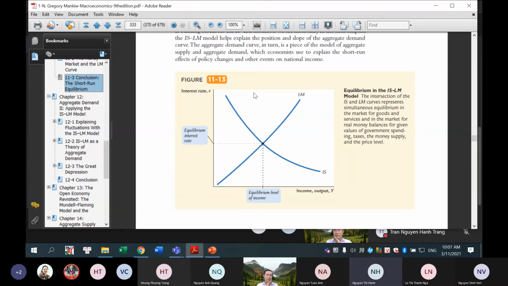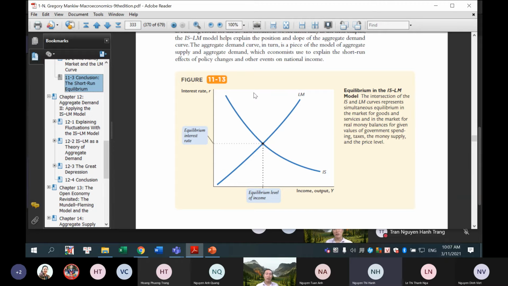The investment at first increasing. Yes, at first investment spending increases, but now the interest rate goes up, so investment spending will decrease, moving in the opposite direction. So there is a two-way impact on investment spending. But normally the first impact is larger than the second impact. So eventually investment spending still increases.